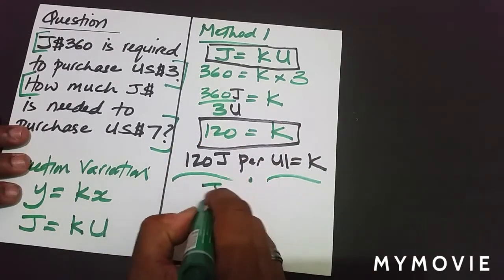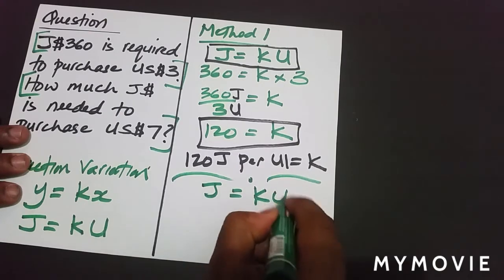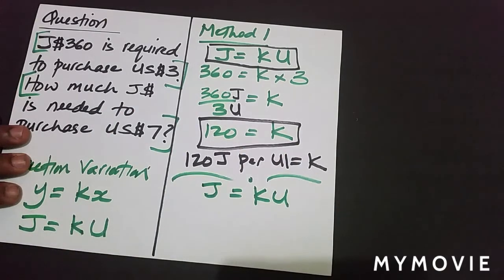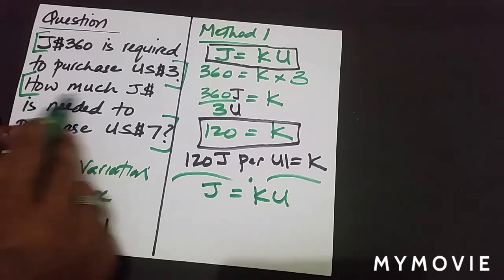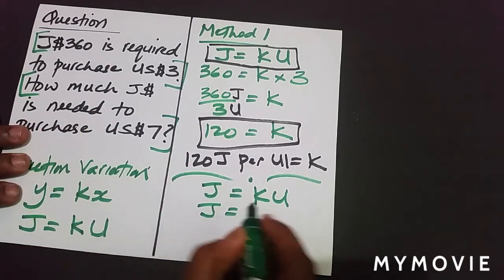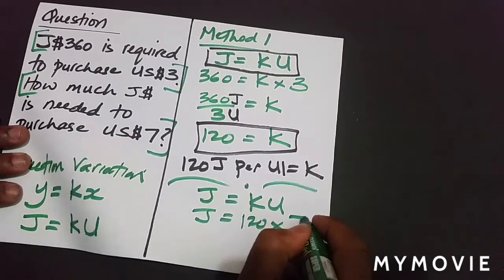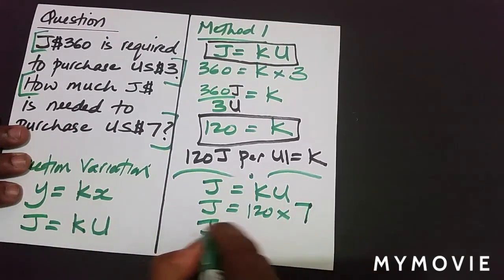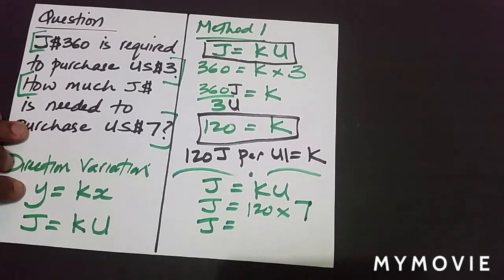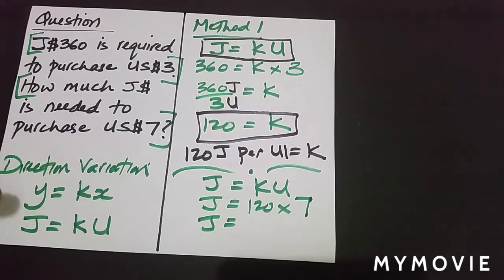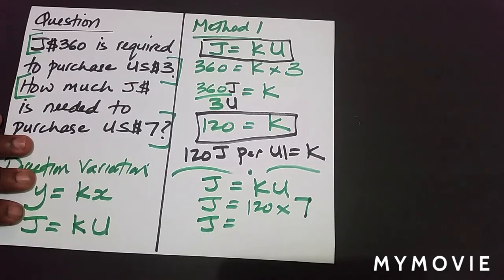So let's write the formula again. All right. So we want to know how much Jamaican is needed. So this is unknown. K is 120 and the amount of US is 7. So we're simply doing a multiplication here. So 120 times 7, that looks like it's going to give us 840.